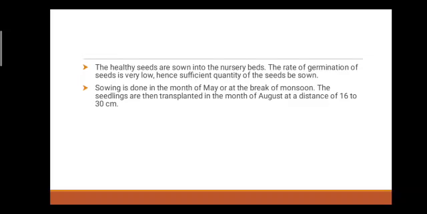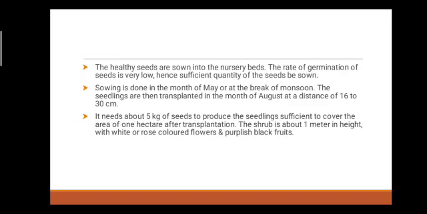Sowing is done in the month of May or at the beginning of monsoon. The seedlings are then transplanted in the month of August at a distance of 16 to 30 centimeter. It needs about 5 kg of seeds to produce seedlings sufficient to cover the area of 1 hectare after transplantation.